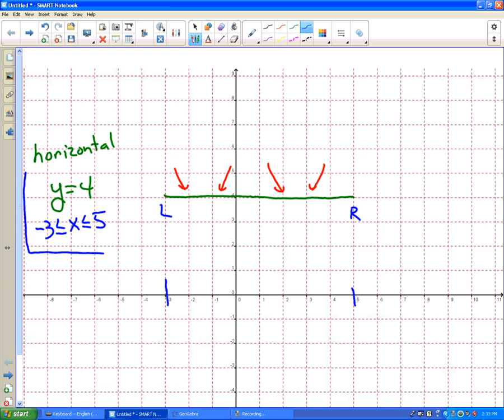These two things are what we would need to see on your paper to describe a horizontal segment. Y equals what number? In this case 4, because we're going across at 4. And then our domain from our left endpoint and from our right endpoint, giving us -3 and 5.